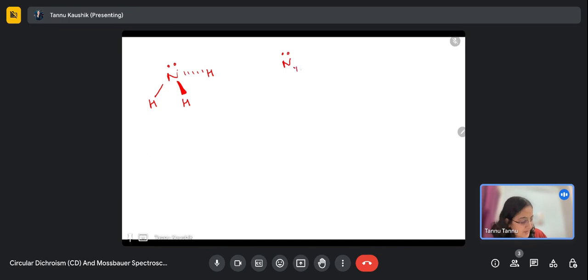Only the substituents have been changed, but the geometry is similar. If I represent it as fluorine atoms and then the NH atom, both have pyramidal geometry.